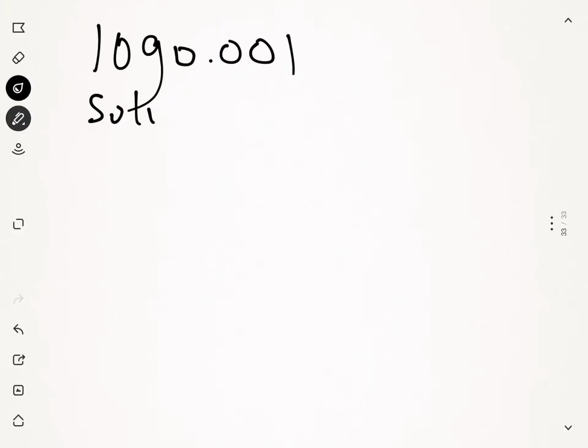Let's look at another one. So log of 0.001. Log of 0.001. First thing, to begin, I'll put solution here.